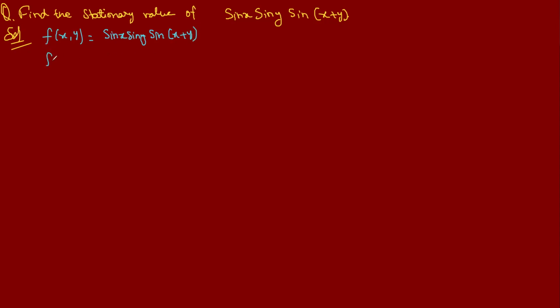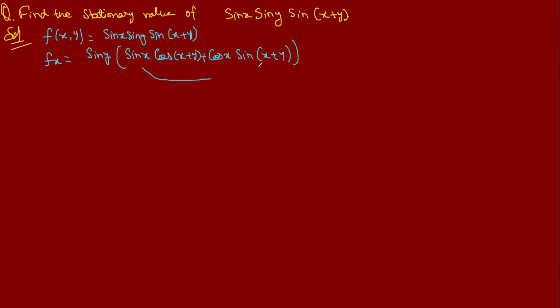Understood? What is f_x? sin y is constant. Use the product rule, right? sin a cos b plus cos a sin b. Understood?